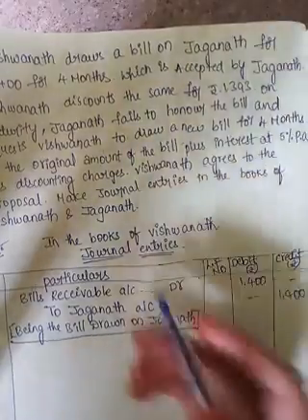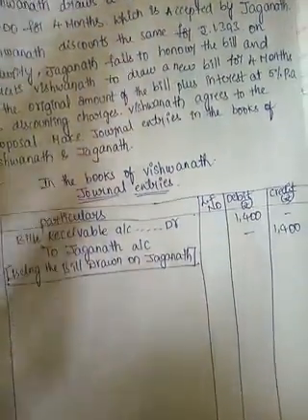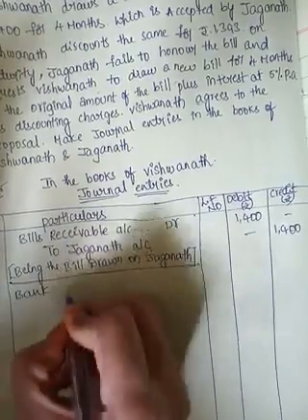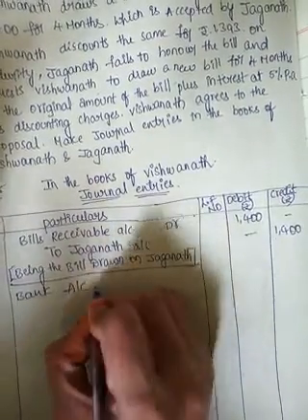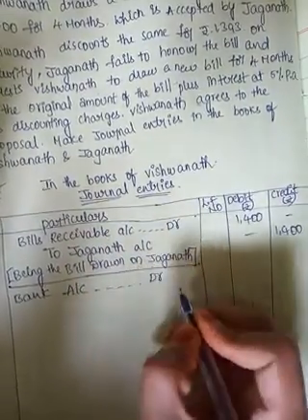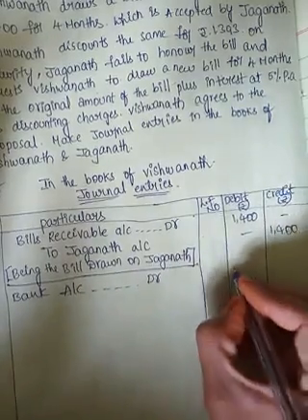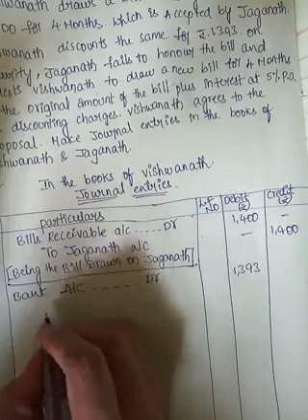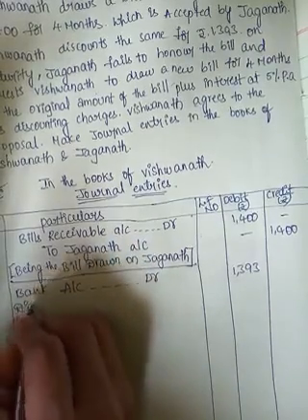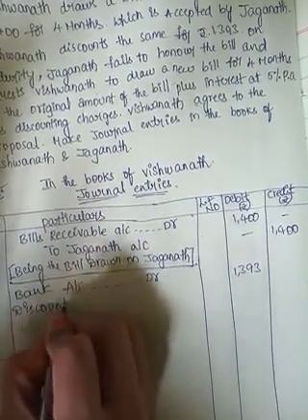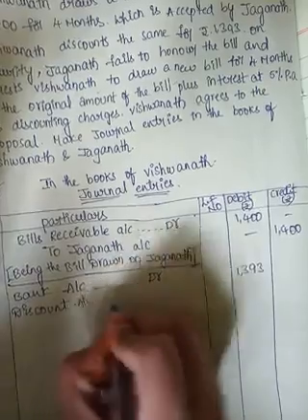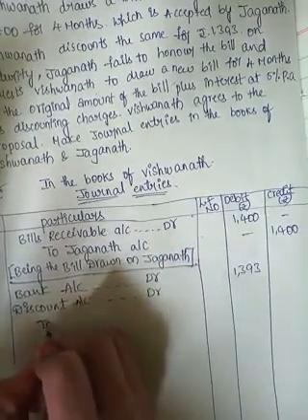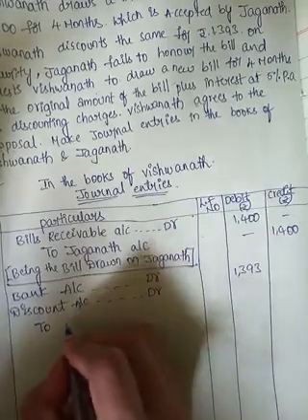So the entry is: bank account debit 1393, discount account debit, to bills receivable account.